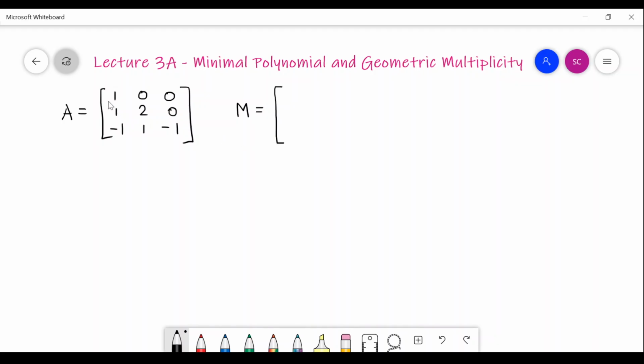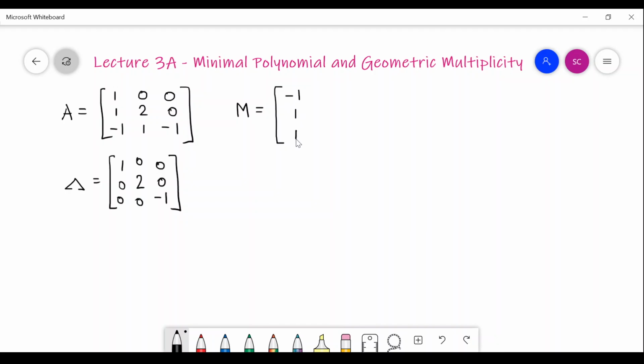So this matrix is diagonalizable. It has distinct eigenvalues 1, 2 and -1. So the diagonal matrix will be like this, which will have all the eigenvalues in the diagonals, and for each eigenvalue we had found out eigenvectors which actually form the columns of the modal matrix.